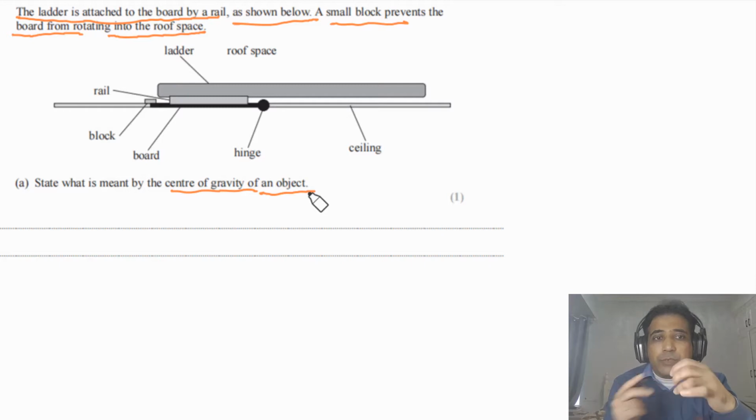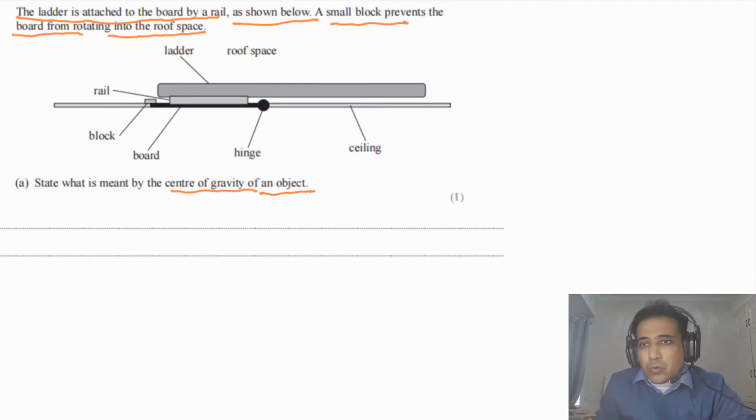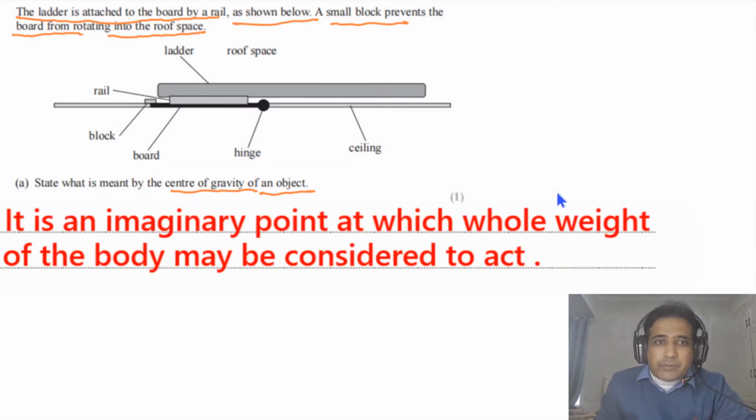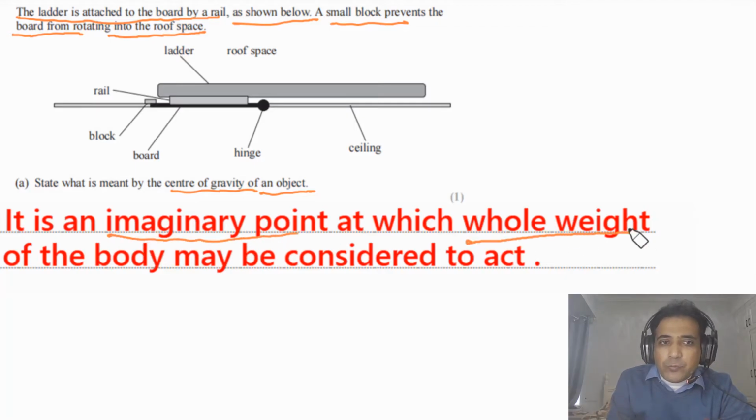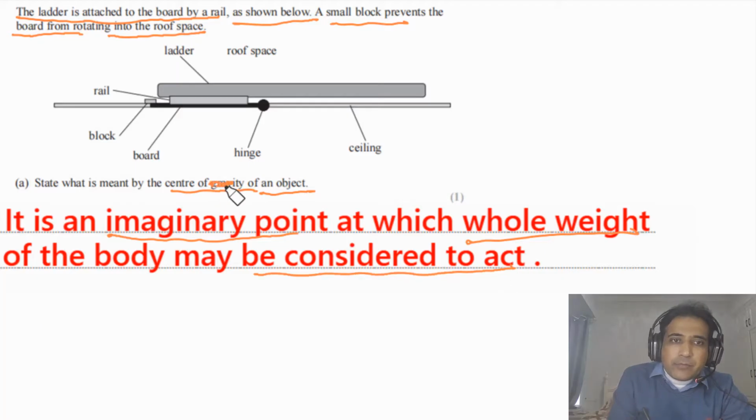So for this question, we need to define center of gravity. This is how you can write down the answer. In your final exam, you can simply say it is an imaginary point at which whole weight of the body may be considered to act. In the exam, if they ask you what is center of mass, we can simply then replace the weight with mass.